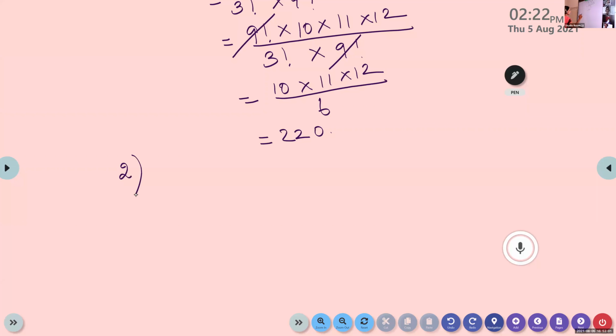Look at the next one. So what will be 13C3? What is 13C3?